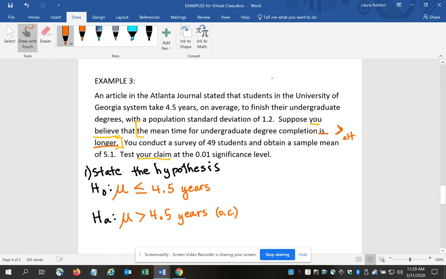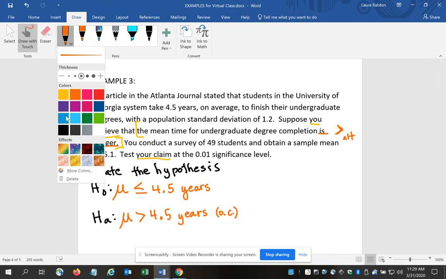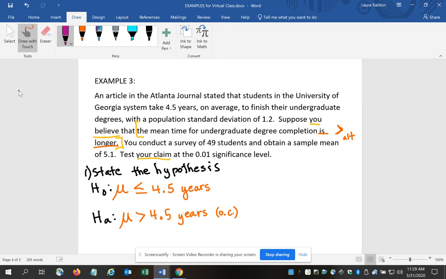Okay, then we move on to the second step. And in the second step, we know that we want to identify the players. So I'm going to kind of go back through the problem first. It tells us we have a population standard deviation of 1.2. We did a survey of 49 students.